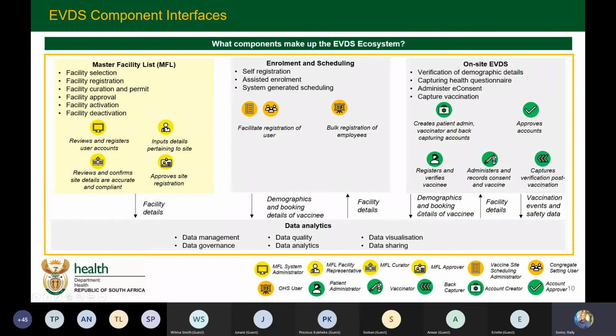It then also pushes the demographics and booking details of the vaccinee into the data analytics. And these would then coincide with the ones that it would have gotten from the enrollment and scheduling component. And lastly, it also sends through the information related to the vaccination events and safety data.